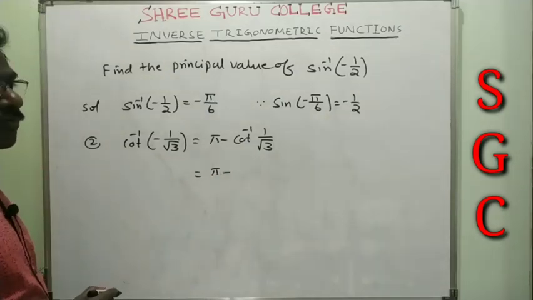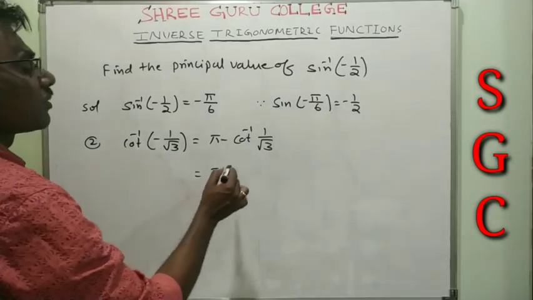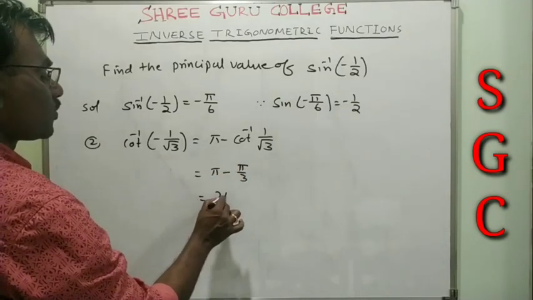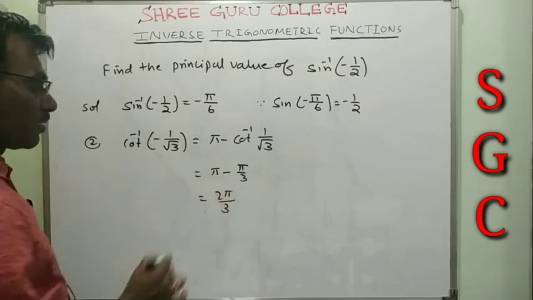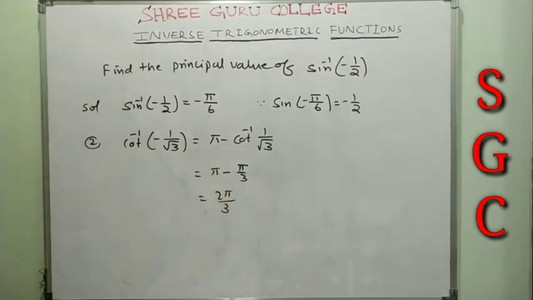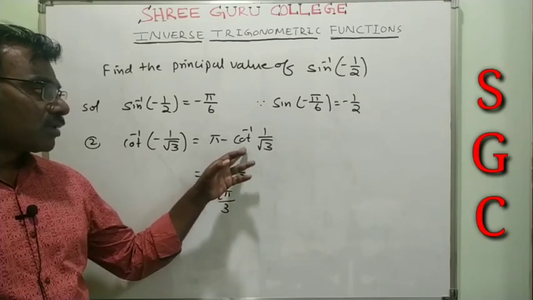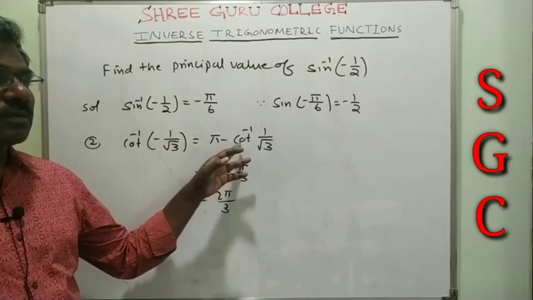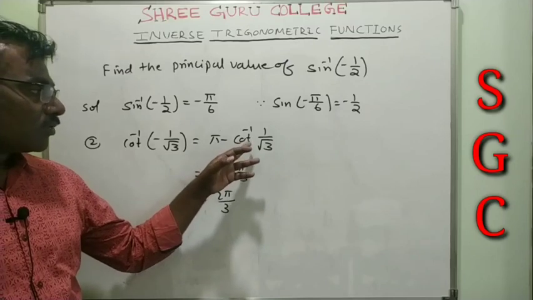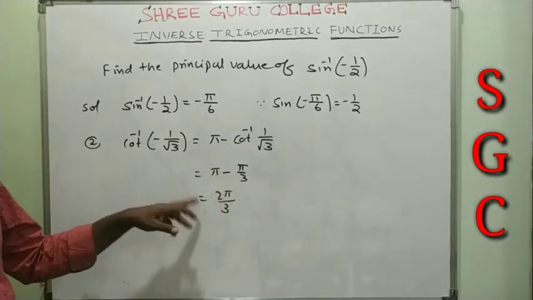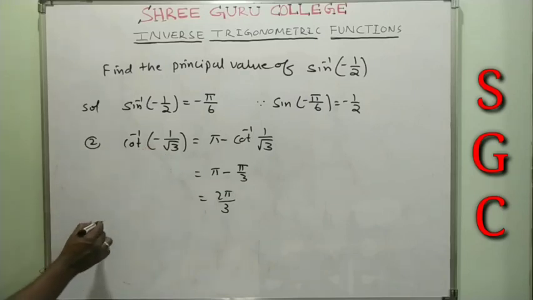Cot inverse of 1 by root 3 is pi by 3, because tan 30 degree is 1 by root 3, and cot of 60 degree is 1 by root 3, pi by 3. Pi minus pi by 3 is 2 pi by 3.